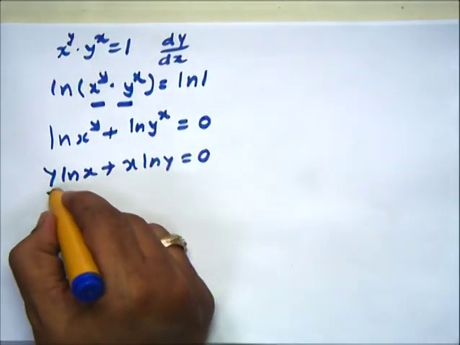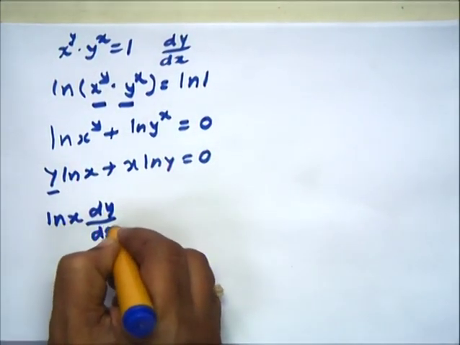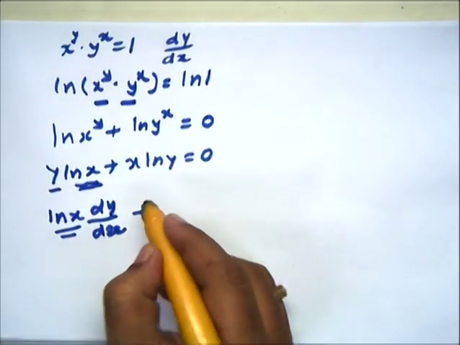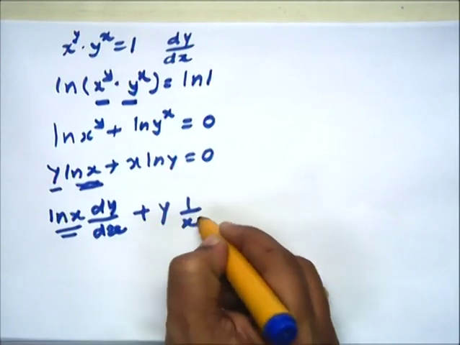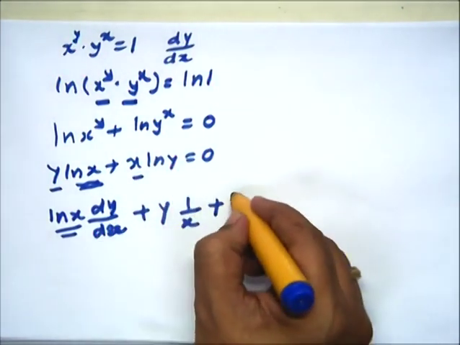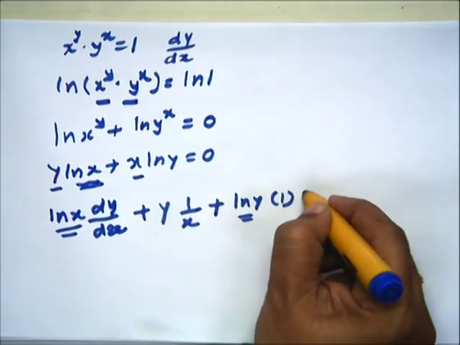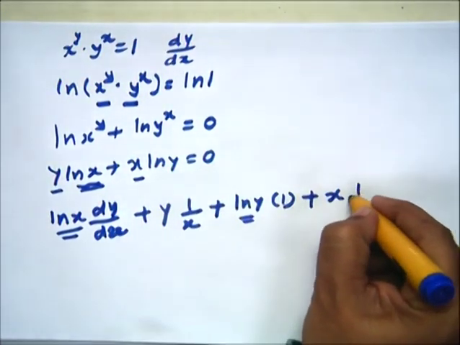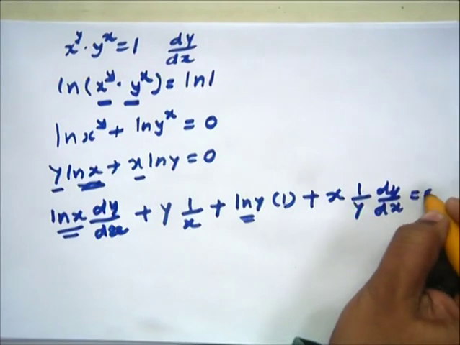So the derivative of y with respect to x is dy by dx, keeping log x constant, plus y kept as it is into the derivative of log x, that is 1 upon x, plus log y kept as it is into the derivative of x, that is 1, plus x kept as it is into the derivative of log y, that is 1 upon y, into dy by dx, is equal to 0.